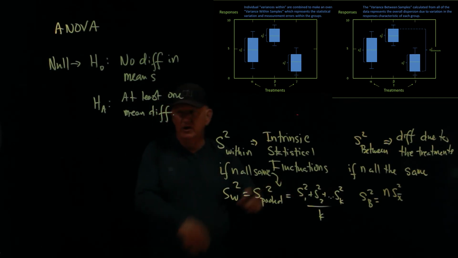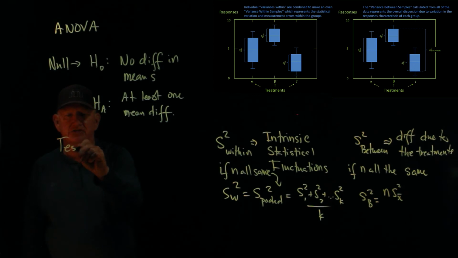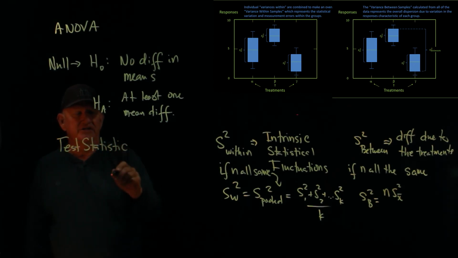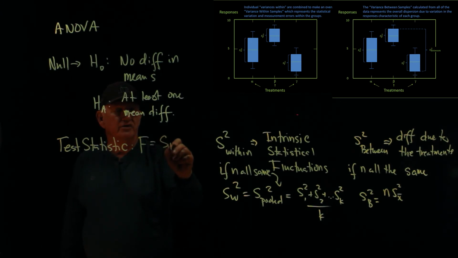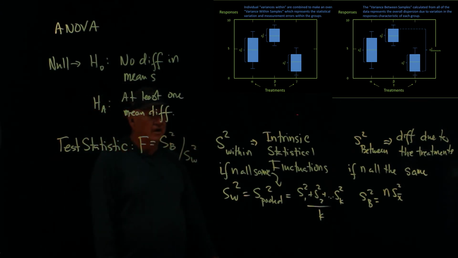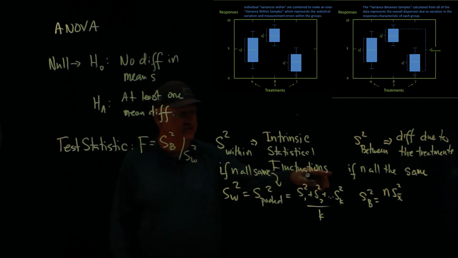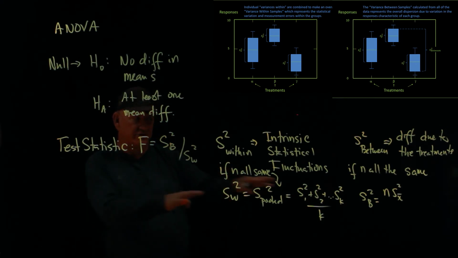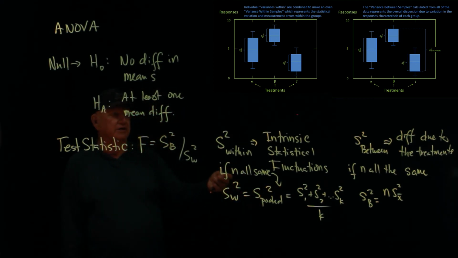Okay? So once you have those two values, what you create is the test statistic. That test statistic is called the F ratio, and it's equal to the variance between divided by the variance within. Now, I think you've seen in your book that if n is not the same, if they're all different, there's a different set of formulas, and they're a little bit more involved than these simple formulas.